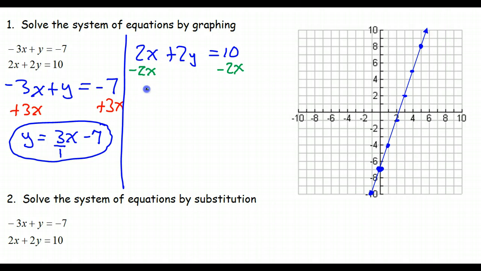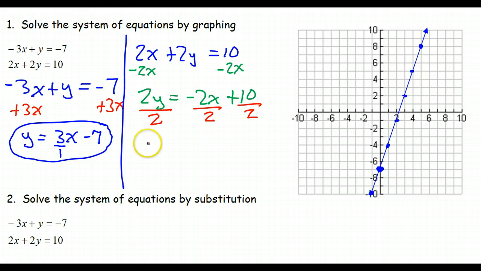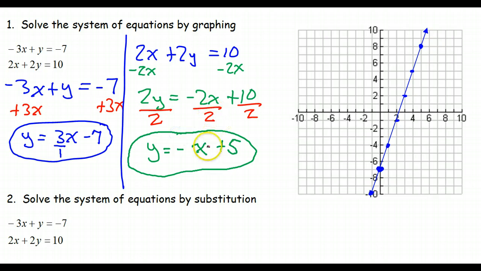So that's going to give me now 2y is equal to negative 2x plus 10. So to get y by itself, I need to divide by 2 here, here, and here. So that's going to give me y equals negative x plus 5. Notice these 2's cancel out. Alright, so now this equation is ready to graph.